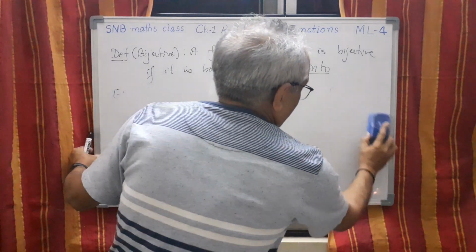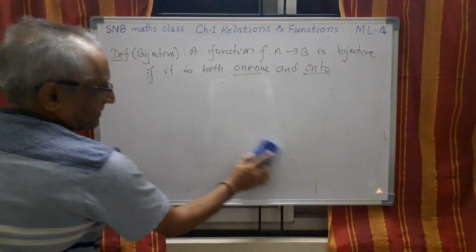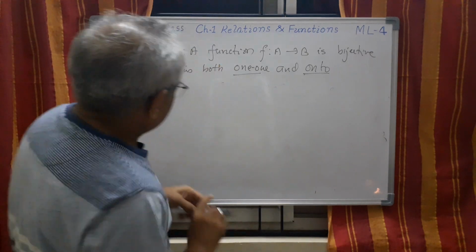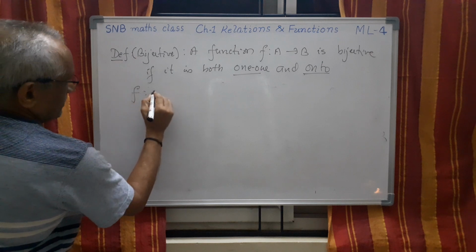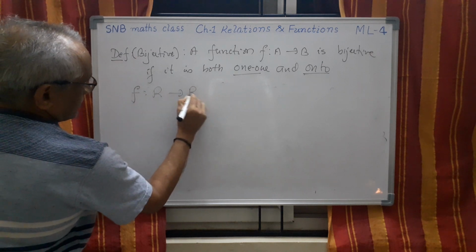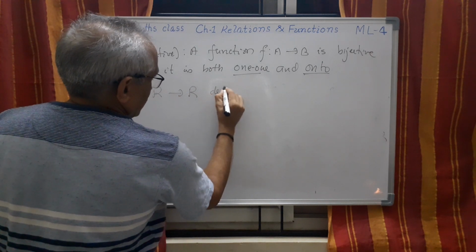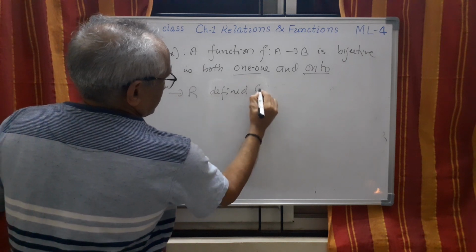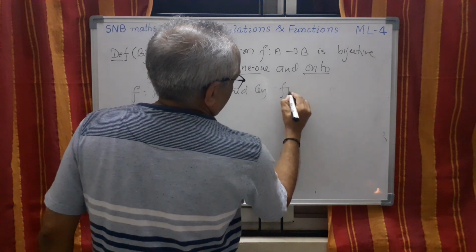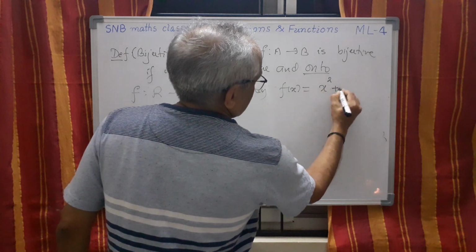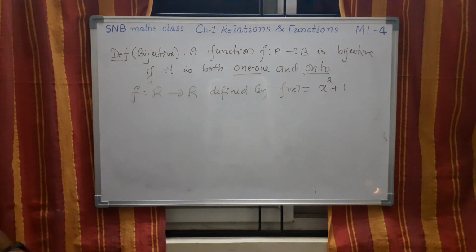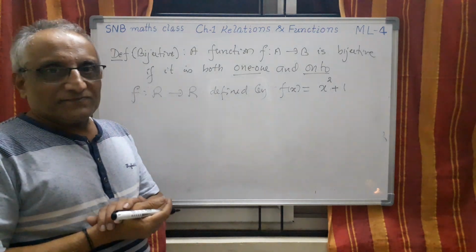So, let me take one more example and conclude. Say f is a function from R to R defined by f of x equals x square plus 1. Is it bijective?